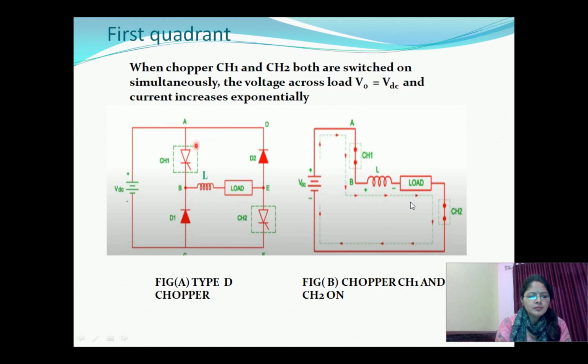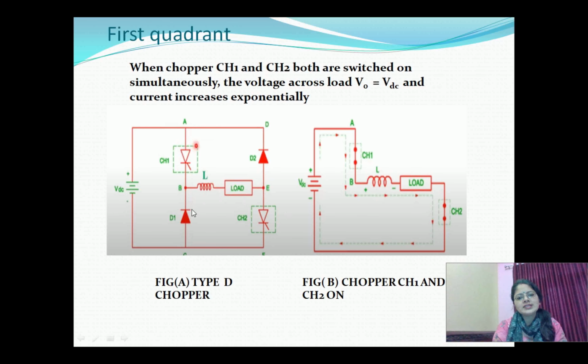That is the VDC, that is A, that is B, the load. So CH1 and CH2 are turned on and D1 and D2 are turned off. The path of current is from VDC to A to B, through the inductor, to the load, then the chopper. This time the inductor is charged through the supply voltage VDC, and the polarity across the inductor is positive here and negative here.